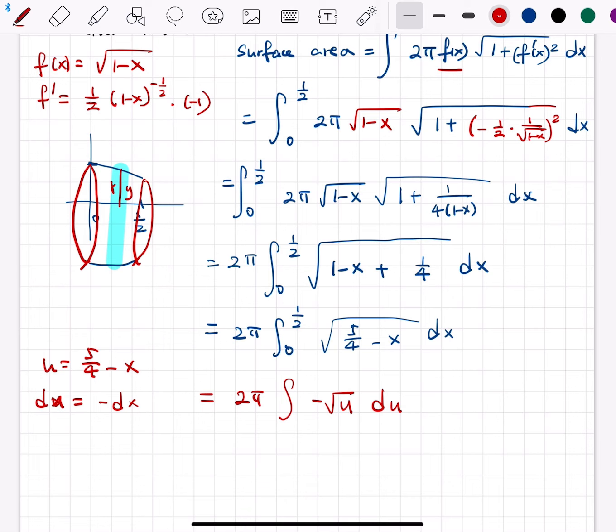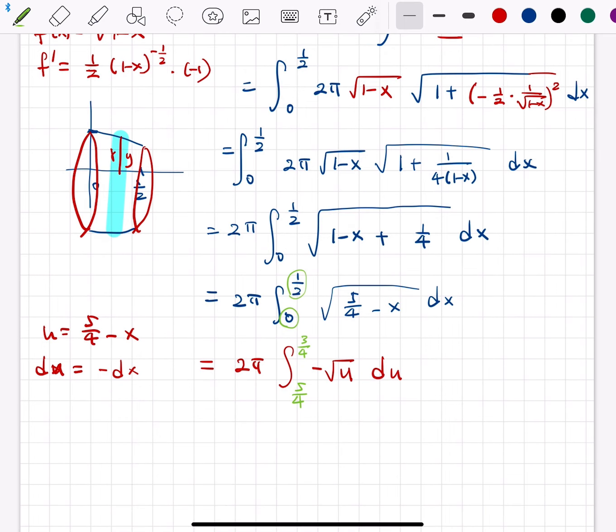Then when x equals 0, u is equal to 5/4. When x equals 1/2, u is going to be 5/4 minus 2/4, which is 3/4. So we will end up with negative 2 pi multiplied by 2/3 u to the 3/2 evaluated from 5/4 to 3/4.